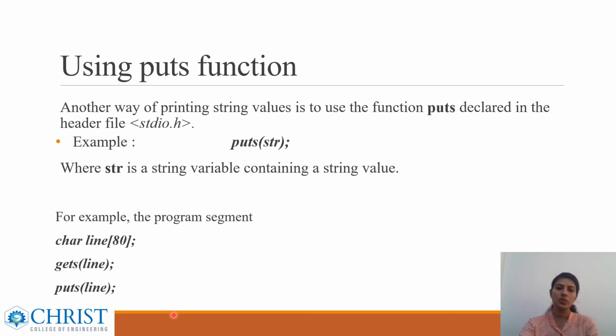Here is the program segment. line is the name of the string, and 80 is the size of the string line. gets of line will input the variable line, and next we have the puts of line function. Whatever the string in line is, it will be printed using the statement puts. So puts is another way of printing strings on the screen.